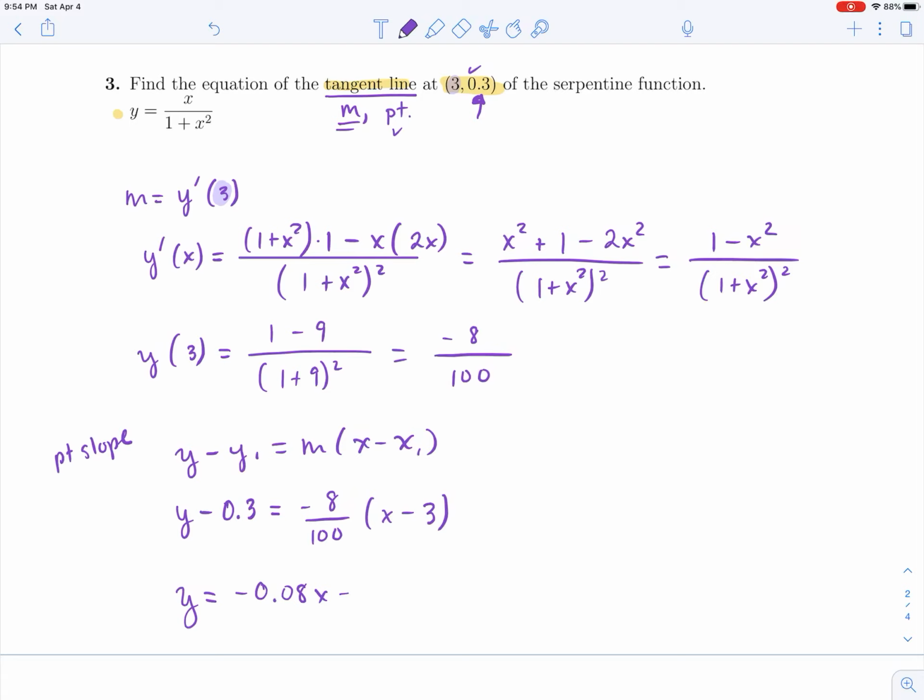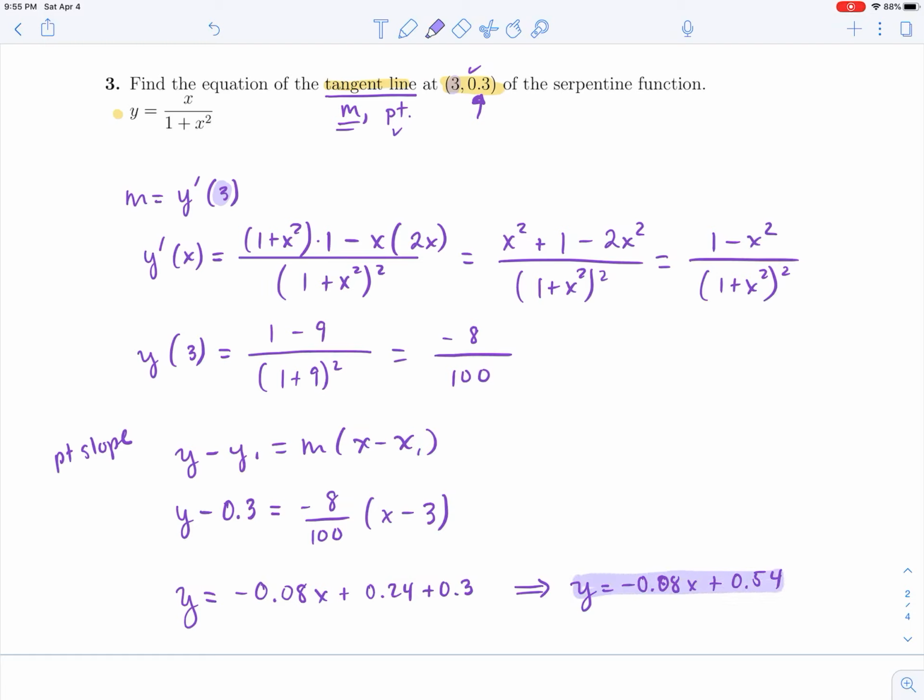And then for this part, we have 0.08 times 3, that's going to be plus 0.24, plus 0.3. So y equals negative 0.08 x plus 0.54.